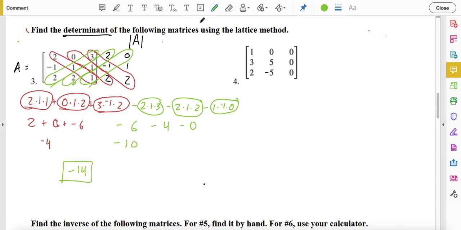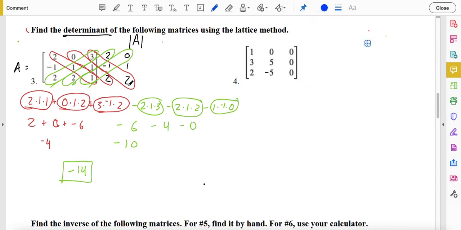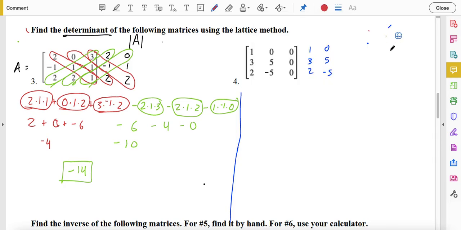I'm going to do the same thing for this one over here, for B. All right, so again, we copy first. So copy the first two. So 1, 3, 2, 0, 5, negative 5. Okay. So given that this one has lots of zeros, it should be a bit easier.